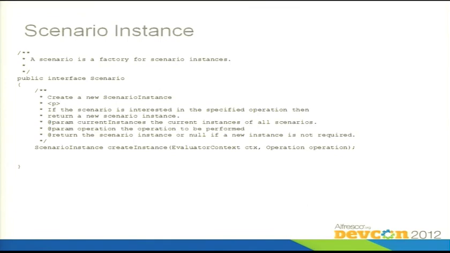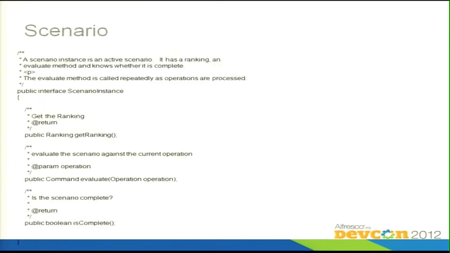Our operation is whether it's a create, and it's got the parameters from CIFS in there. So if it's a create, what's the name of the file being created? So that's scenario instance, and the other important interface is cunningly called scenario instance.